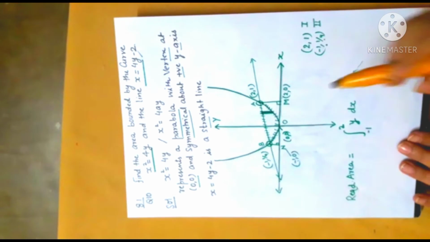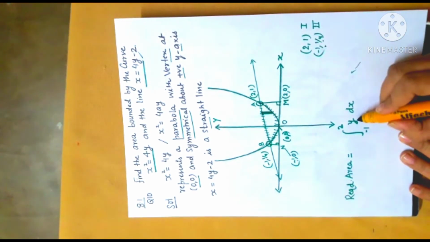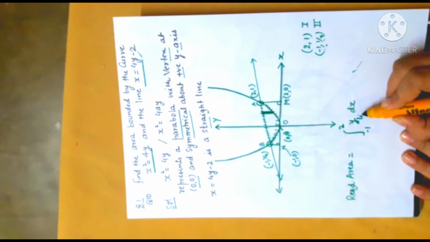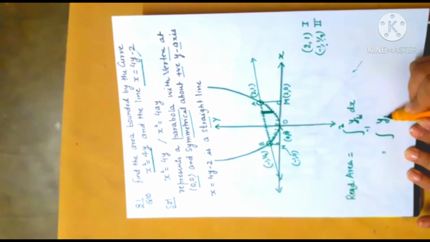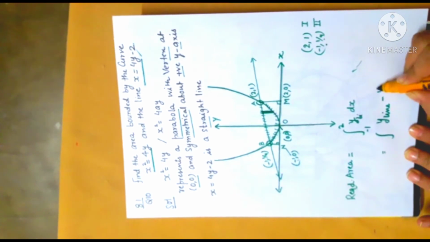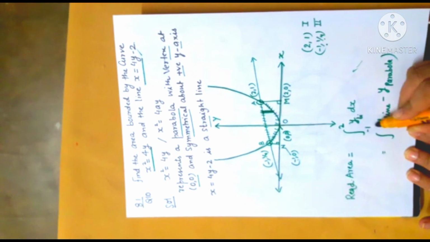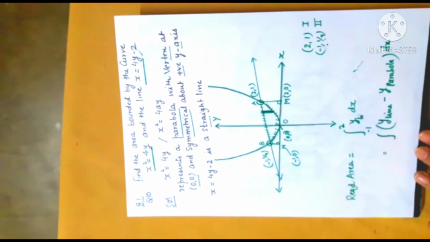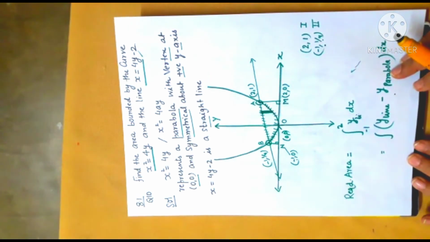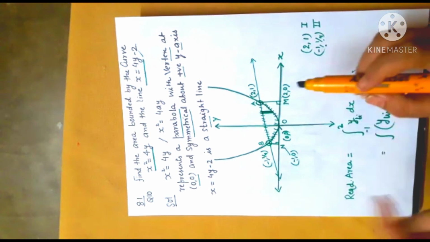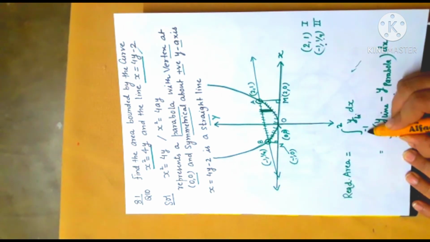So here the length of this elementary strip will be y of line minus y of parabola, into dx. This is the length of this elementary strip, and the limits of integration will be from -1 to 2.